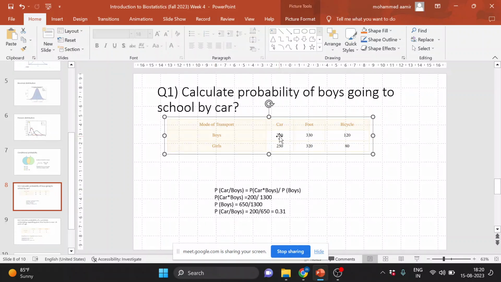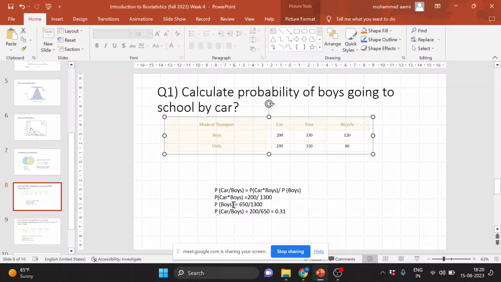So 200 boys go by car. But what's the probability of that? You need to divide 200 by the total number of boys and girls, so you sum over all students going by car, foot, and bicycle. If you sum all of these quantities, you get 1300. So it's 200 divided by 1300.